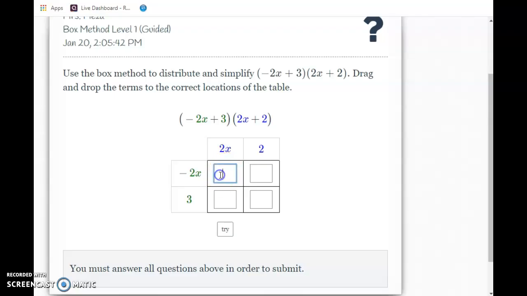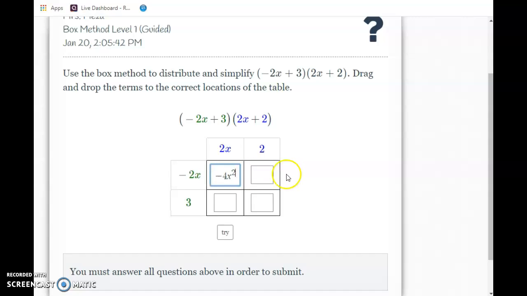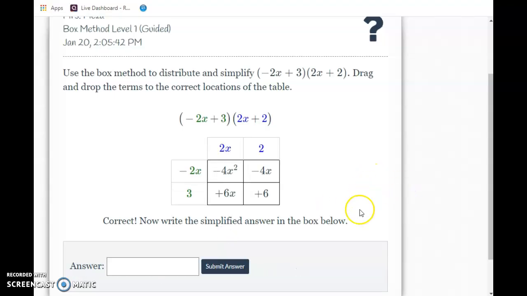Negative 2x times 2x is negative 4x squared, right? Then here, negative 2x times 2 is negative 4x. Here, 3 times 2x is a positive 6x. And here, 3 times 2 is positive 6. And then hit the button that says try. Then it says correct.